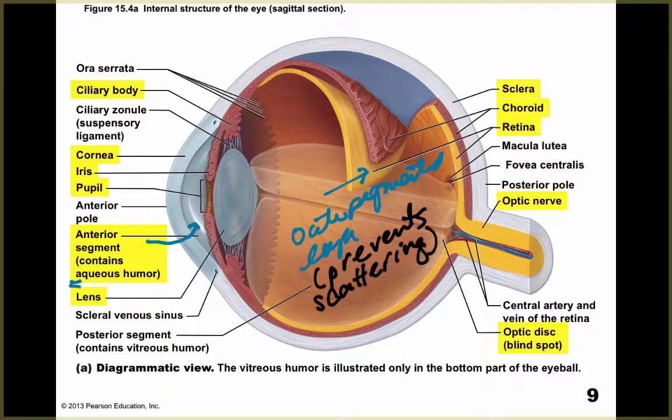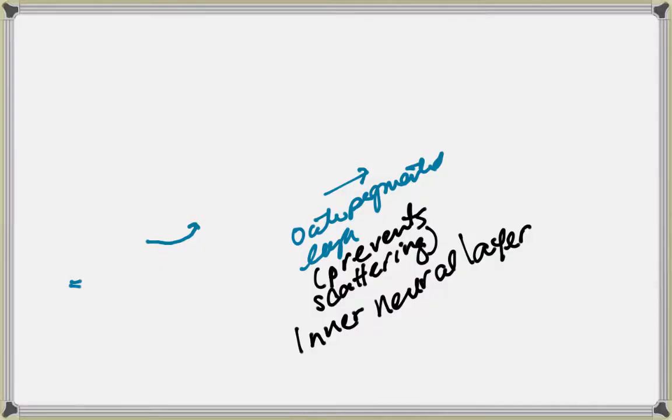And then we have an inner neural layer. Basically this inner neural layer is going to be made up of three main nerve types.